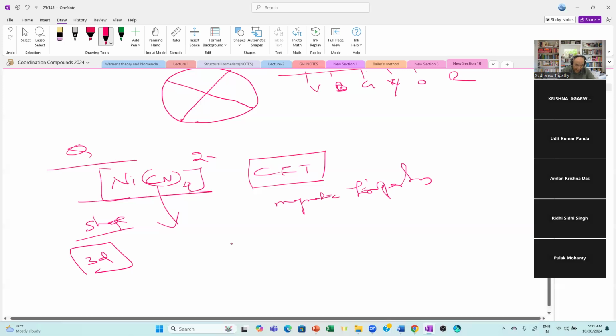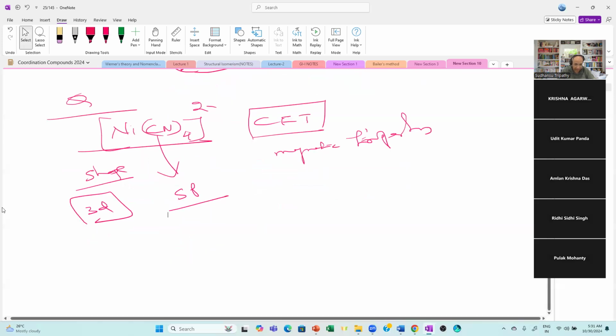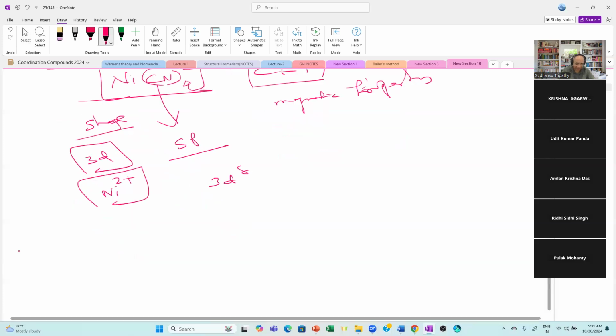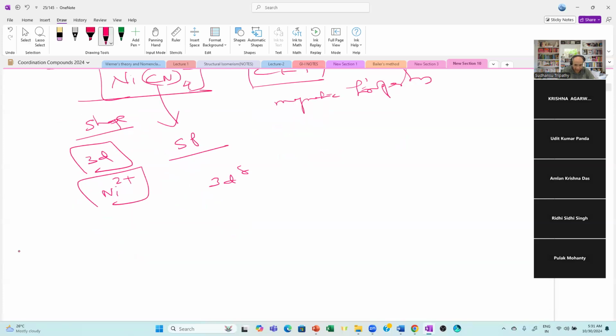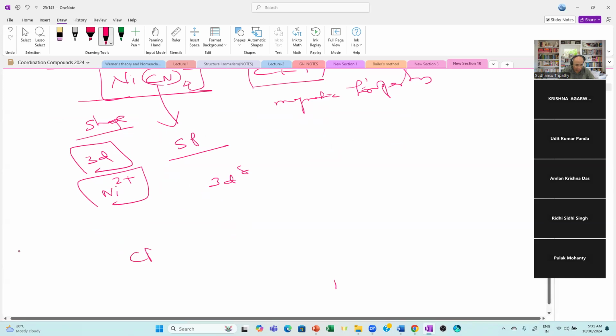Okay, so this is a square planar complex, diamagnetic. And since it's nickel in +2 state, it is 3d8, and if we are asked not by VBT but by CFT, our splitting pattern will be different.